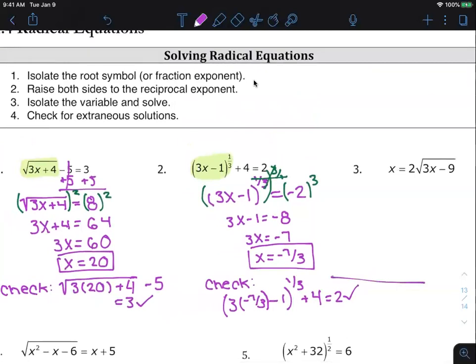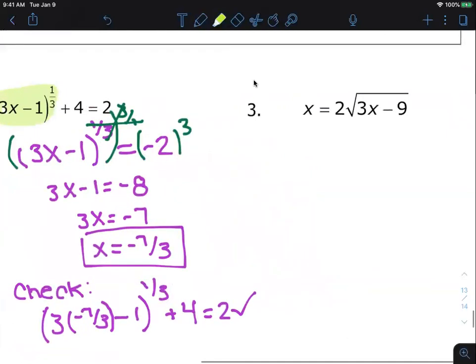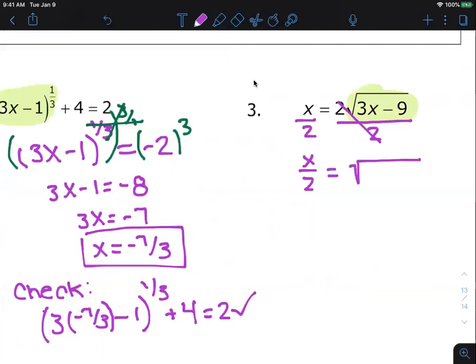Okay, we're going to go ahead and take a look at the next example. So here we have a square root. Same idea. You have to start by isolating the square root. So there's a 2 there. Since the 2 is connected by multiplying, you have to divide by the 2. So we end up getting x over 2 equals the square root of 3x minus 9.